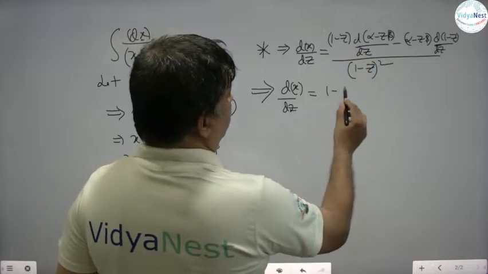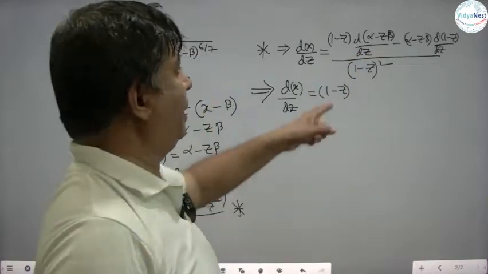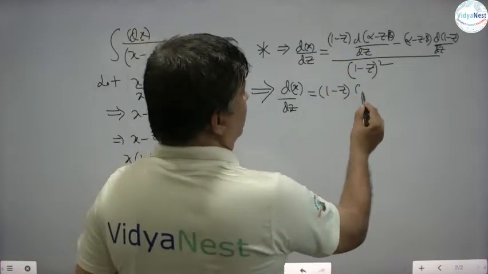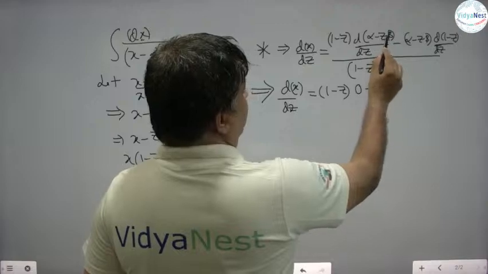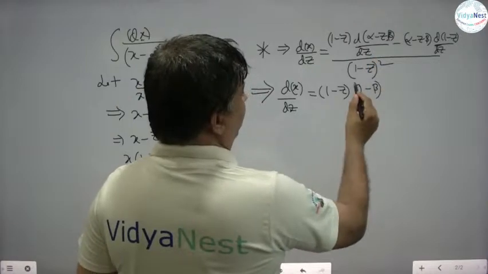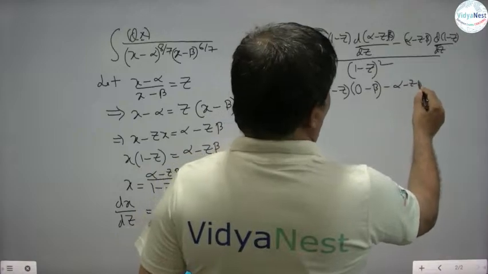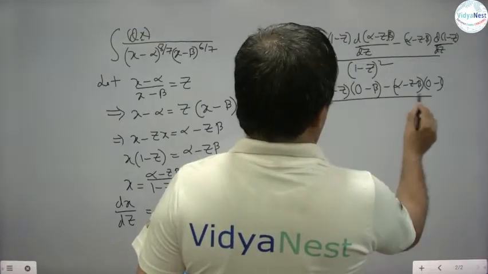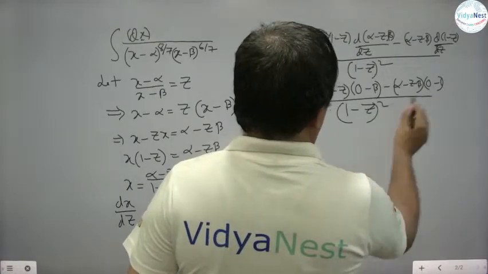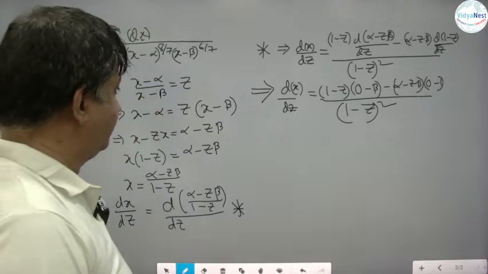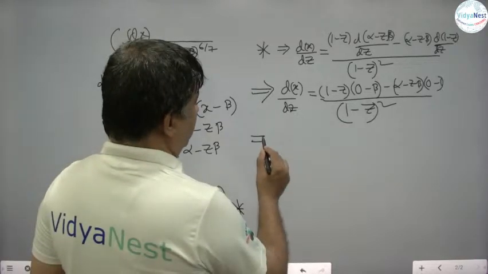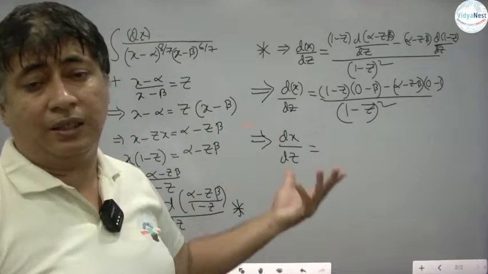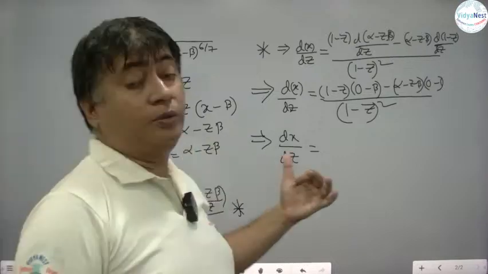Now you keep on splitting this by differentiating. Alpha constant. You are going to differentiate with respect to z. So it will be 0. See, that is z beta. So only minus beta. Alpha minus z beta. 1 with respect to z, differentiation 0 into minus 1 by 1 minus z whole square. Okay. Now you must be aware of u by v method, and when you are doing, you must be careful to avoid the mistake.